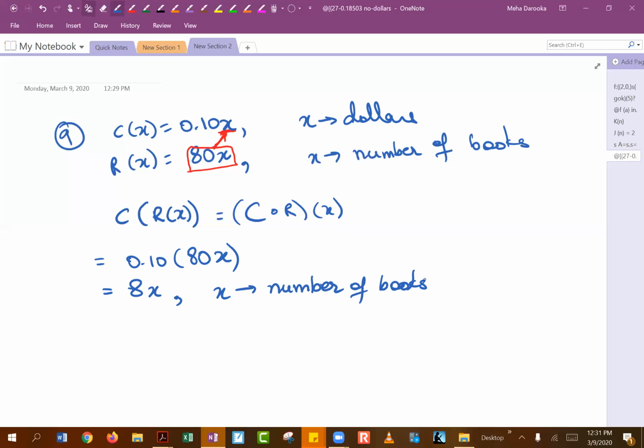So your commission function now has become based on the number of books instead of just a dollar amount. You're still getting the same commission, but you're just rewriting the function. So this is what your composition ends up looking like, where X is your number of books.